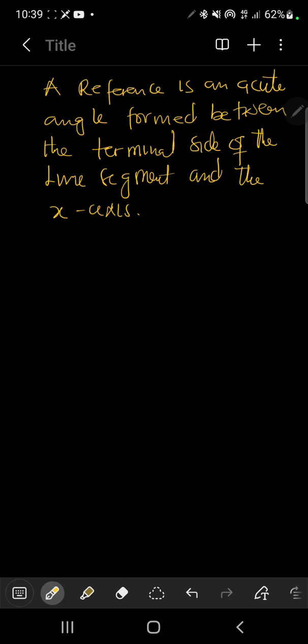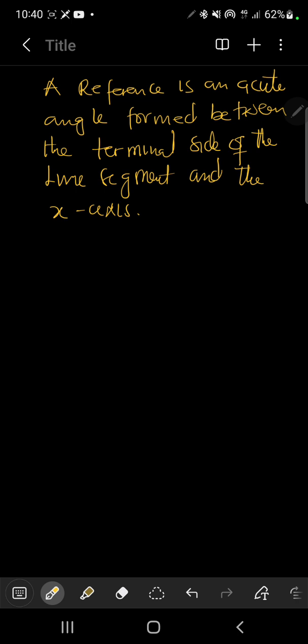An acute angle is an angle between 0 and 90. So the reference angle should always be between 0 and 90. It should not exceed 90, and it should not be less than what? 0. It should be in between 0 and 90. Then that angle qualifies to be called a reference angle.